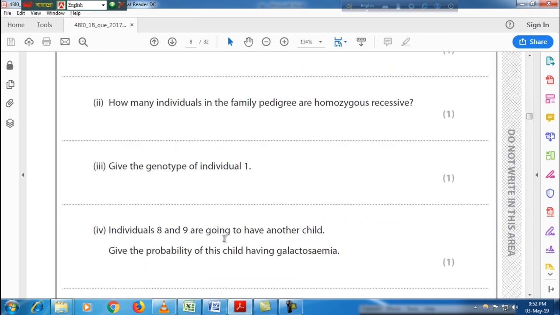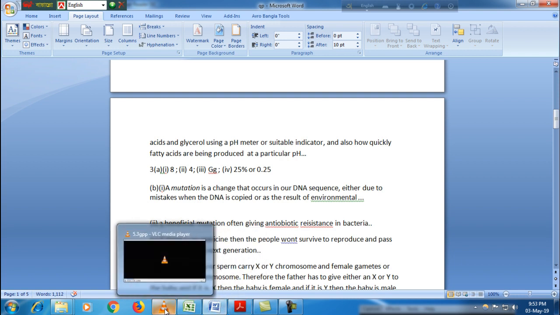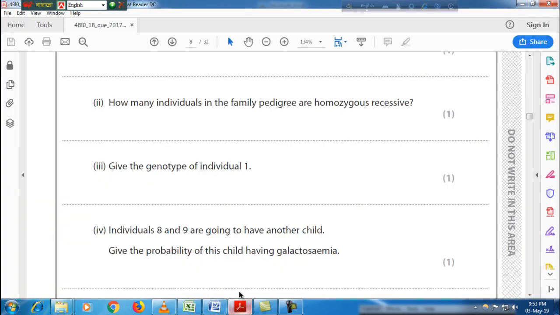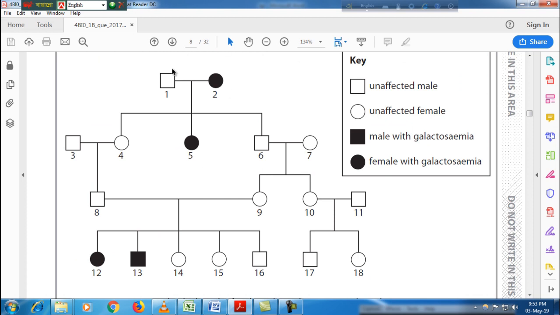Now if you see the next question, individuals 8 and 9 are going to have another child. Give the probability of this child having galactosemia. Number 3, here it is written, give the genotype of individual 1. So the genotype of individual 1 will be capital letter G and small letter g. Why? Because we are seeing that their children are affected.